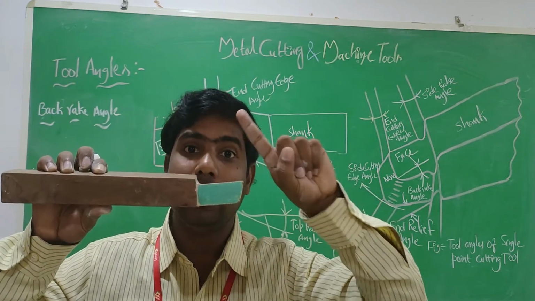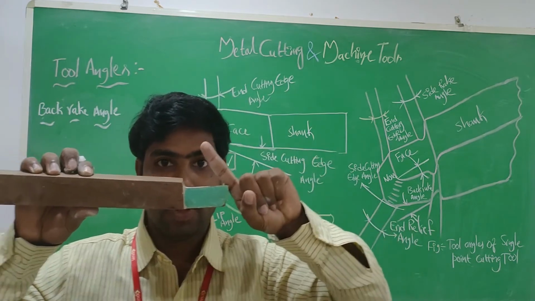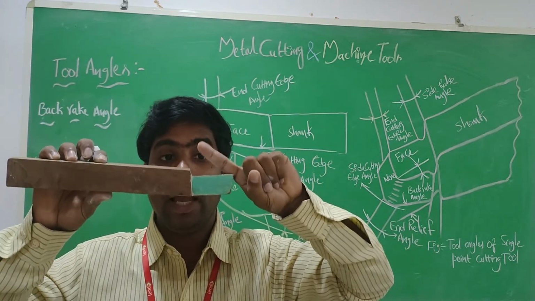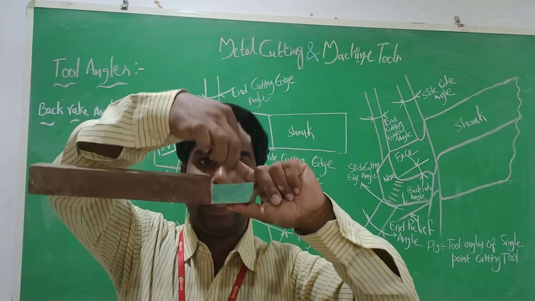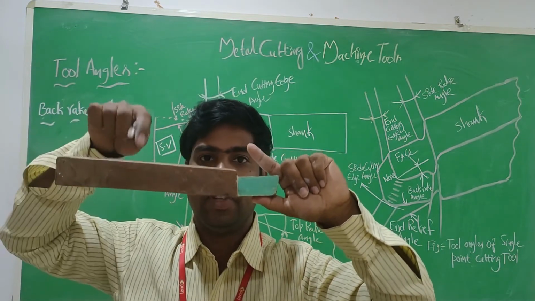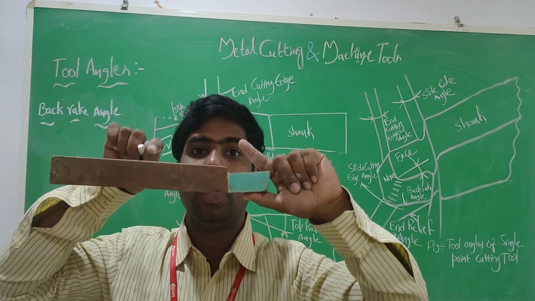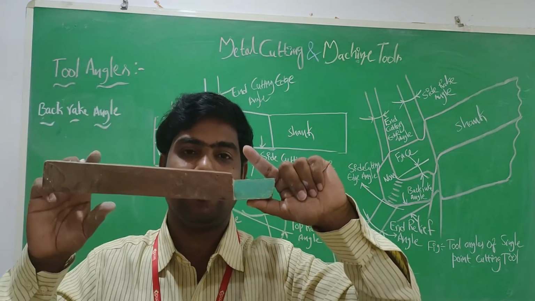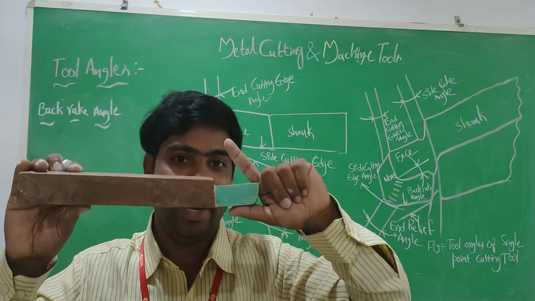But one condition is there. The plane parallel to the base, but the inclination is towards the shank. This is the shank, right? The inclination towards the shank is called the back rake angle.